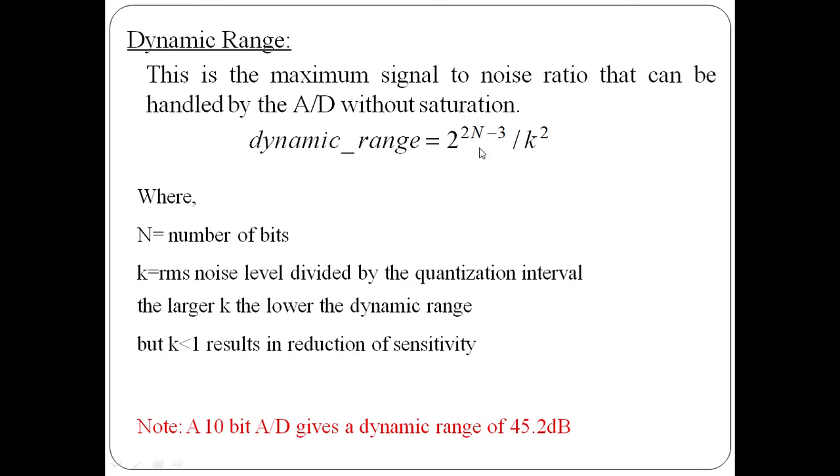How sensitive is your A to D converter in handling the given signal? Okay, it talks about that. A 10-bit A to D converter approximately gives a dynamic range of 45.2 dB.